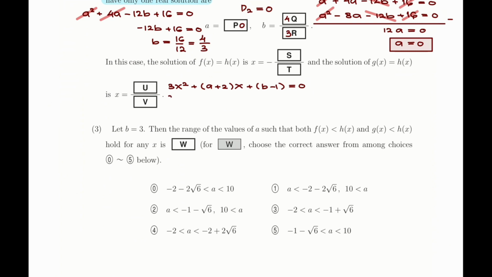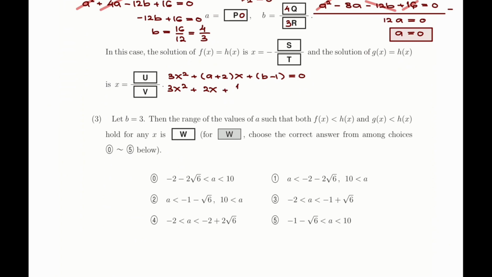Then you will obtain 3x squared plus 2x, since a equals 0, plus b, 4 over 3, minus 1. 4 over 3 minus 1 is equal to 1 over 3. Plus 1 over 3 is equal to 0. And then I will multiply all the terms by 3, so I can get rid of this fraction.